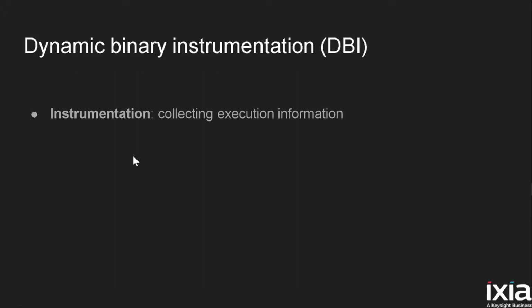So dynamic instrumentation is a technique that we can use in order to obtain information about a process during its execution. That is what dynamic stands for. And what kind of information can we gain?